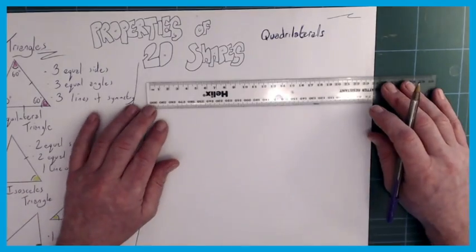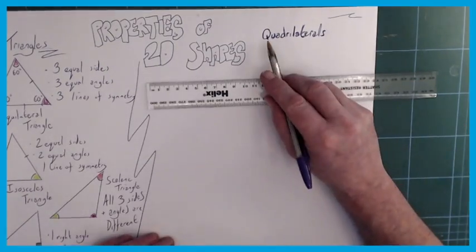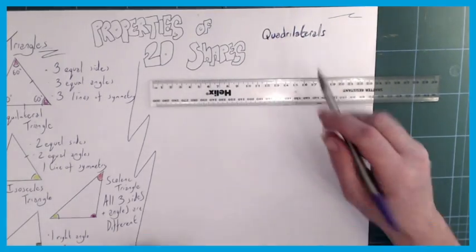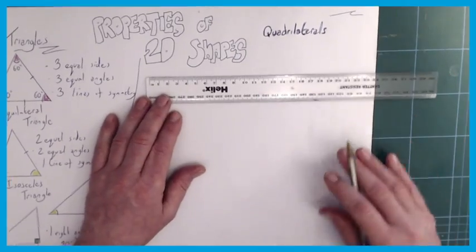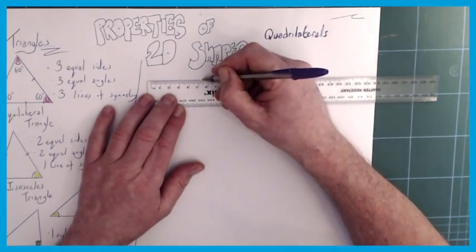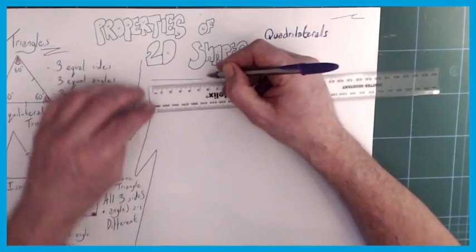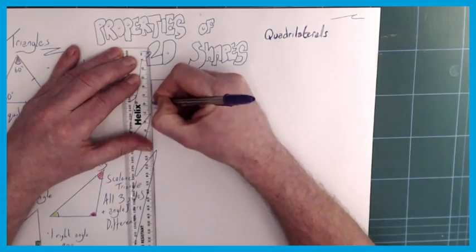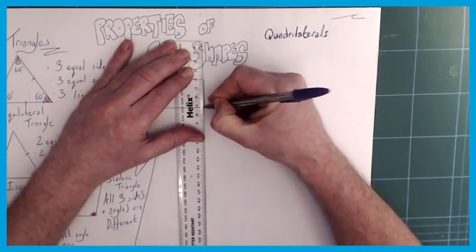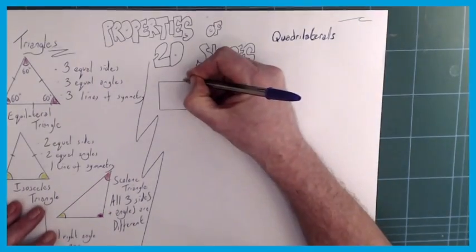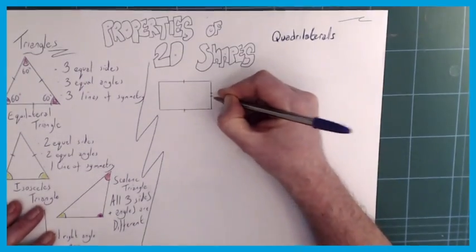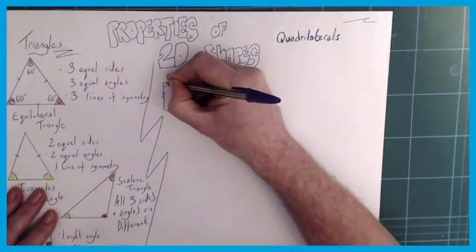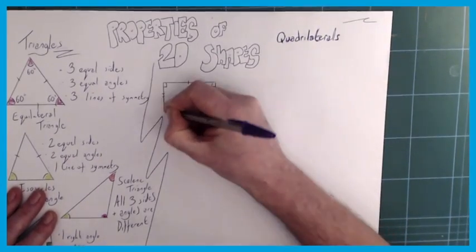Okay, we're going to look at quadrilaterals now, and as a tri is 3, we've got quad, which means 4, like a quad bike has 4 wheels. So we're going to look at some of these quadrilaterals. Now, the ones that most people know, I'll use my ruler to help me a little bit. This one here has 2 pairs of equal sides and 4 equal angles.